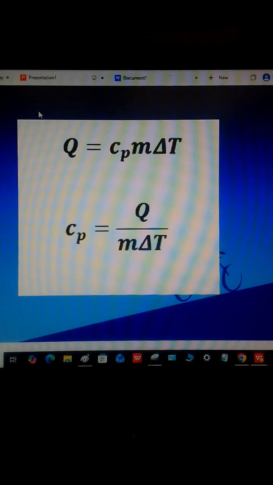Now, when we have heat transfer, we find that there is heat energy that is released or absorbed.